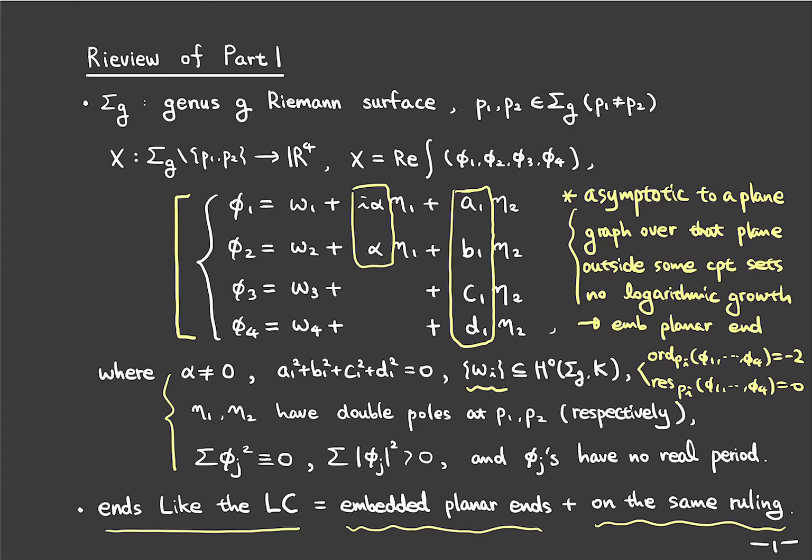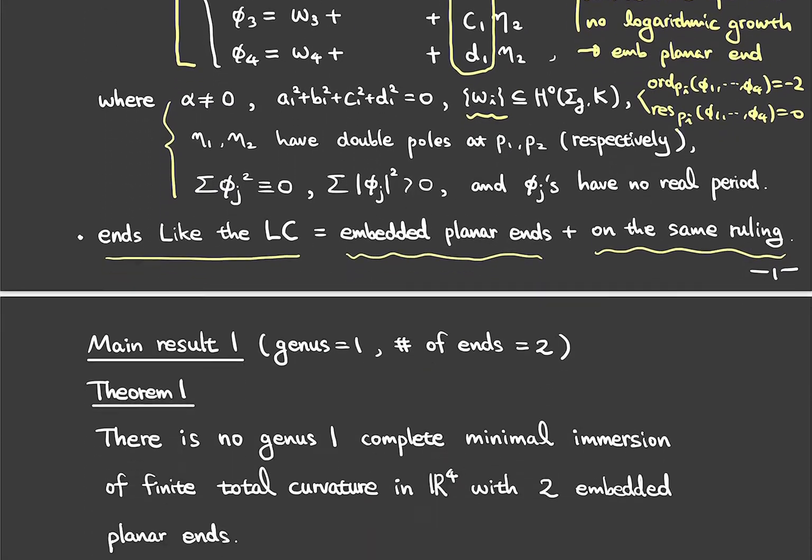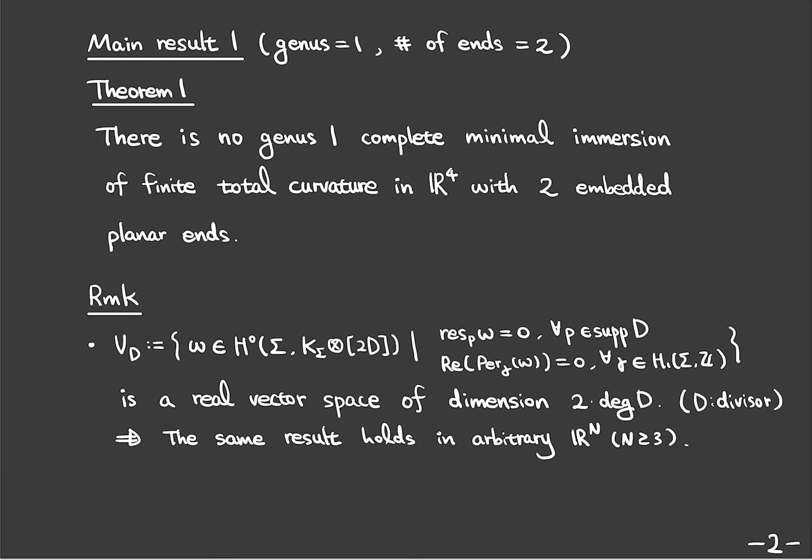Okay, now we state our first main result. Theorem 1 is that there is no genus 1 complete minimal immersion in R4 with two embedded planar ends.